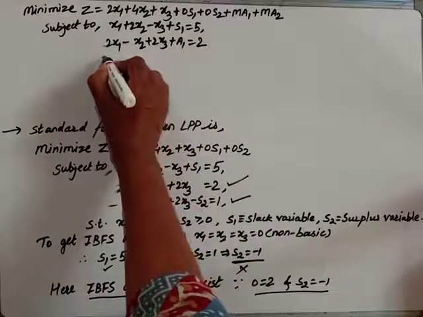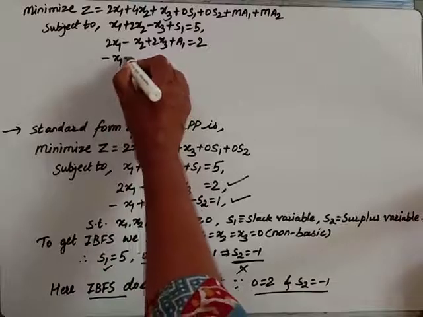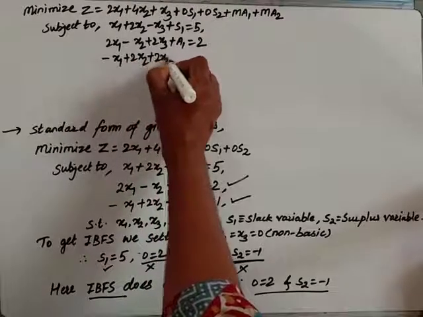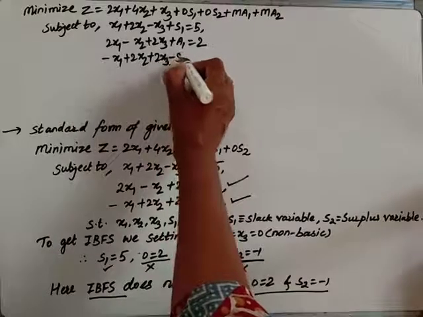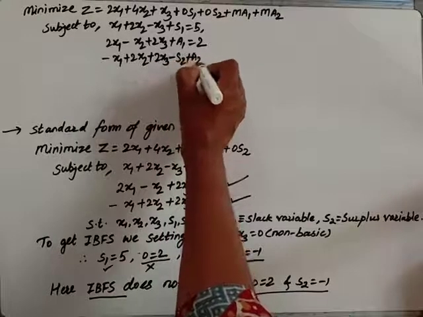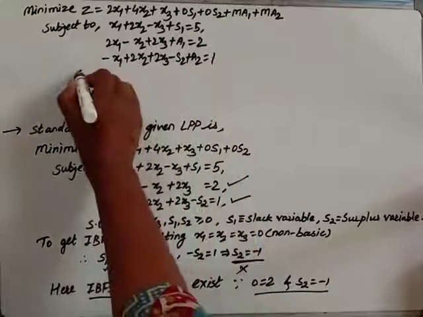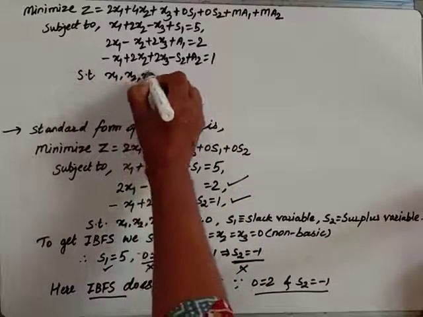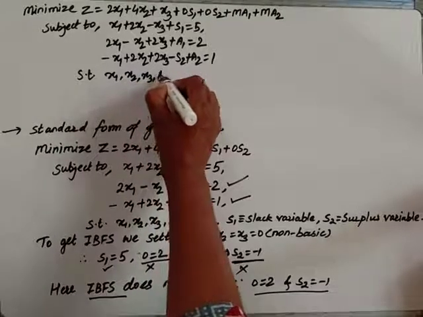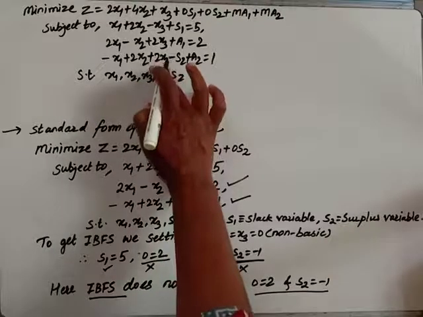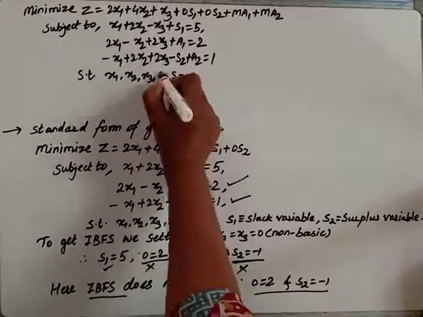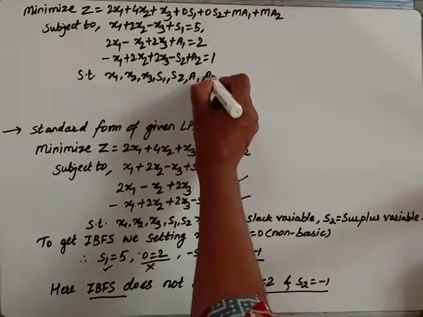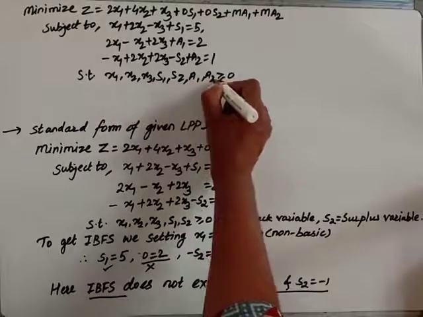Now here minus x1 plus 2x2 plus 2x3 minus s2 plus a2 equal to 1, such that x1, x2, x3, s1, s2, a1, a2 are all greater equal 0.